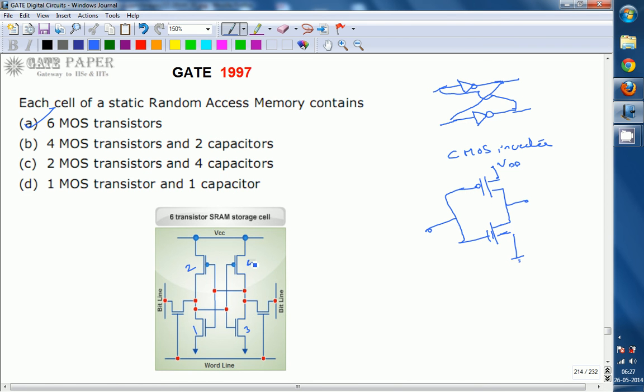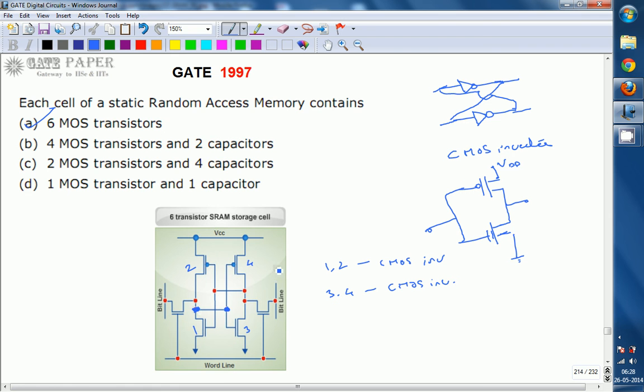If you observe, 1 and 2 form a CMOS inverter, and 3 and 4 form one more CMOS inverter. The output of the first CMOS inverter acts as the input for the second CMOS inverter. This node is the input for the second CMOS inverter, taken from the output of the first inverter.